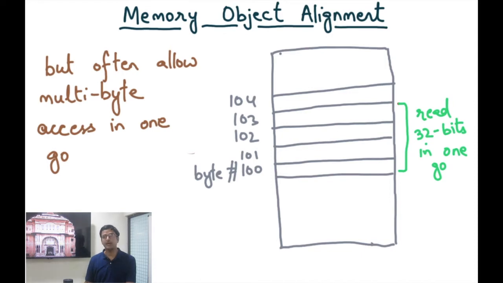And so if the memory only supports single byte operations, then if I want to read an integer value, I would have to do 4 different memory accesses to get each of the 4 bytes of that integer, and then I'll have to string them together to make an integer. Well, that could be option number 1, but that would be really slow, because I would basically have to go to the memory 4 different times.